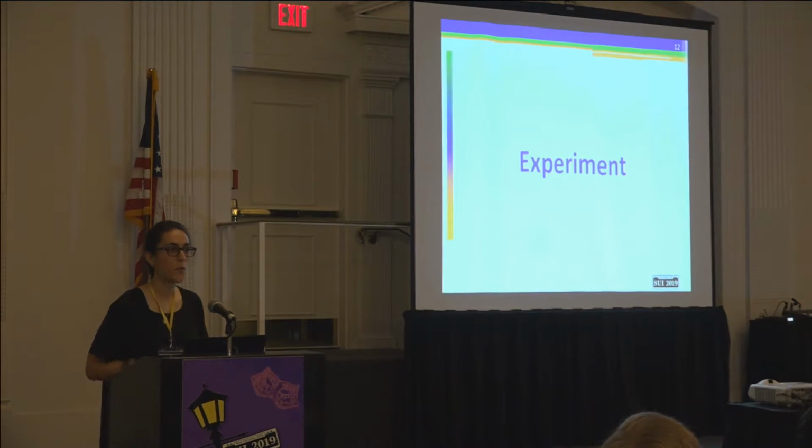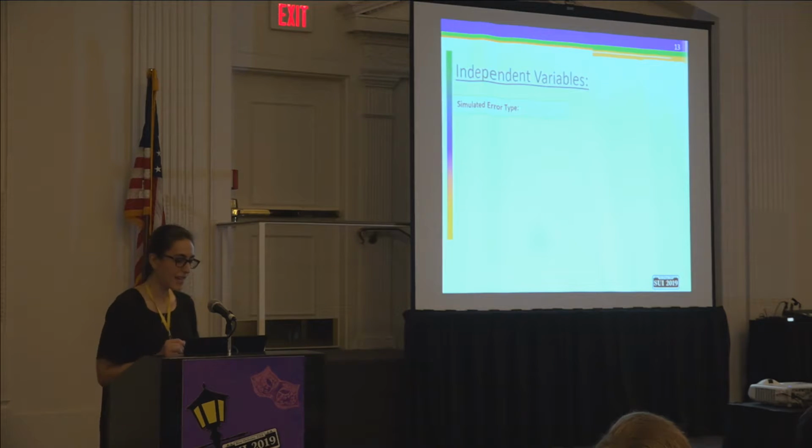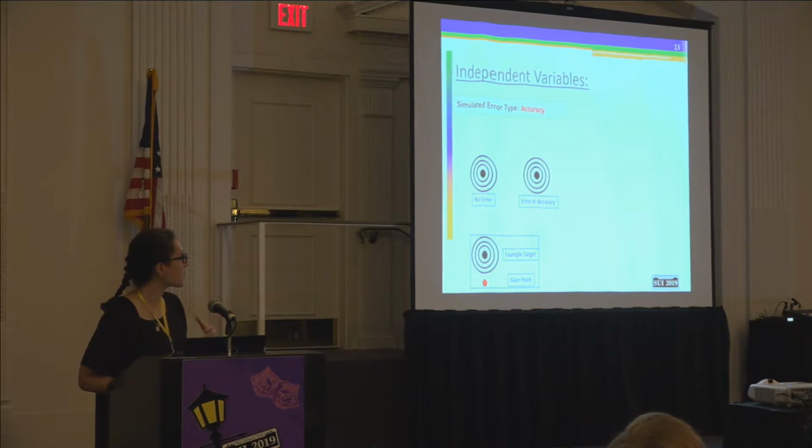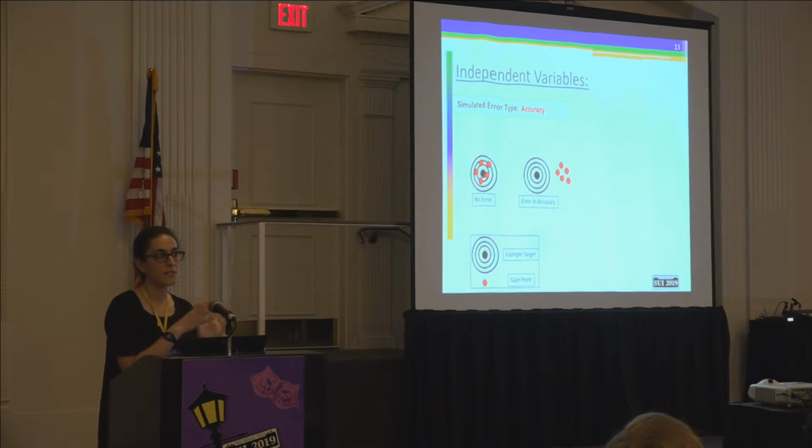So now I'm going to talk more about our experiment and our variables. Because we wanted to understand the influence of error and error type on participants' performance, we wanted to control everything as much as possible, so we simulated the different error types. The first error type was errors in accuracy. In the middle figure, the left is where there is no error, and the right is where there is an angular offset from the target when the gaze points are reproduced.